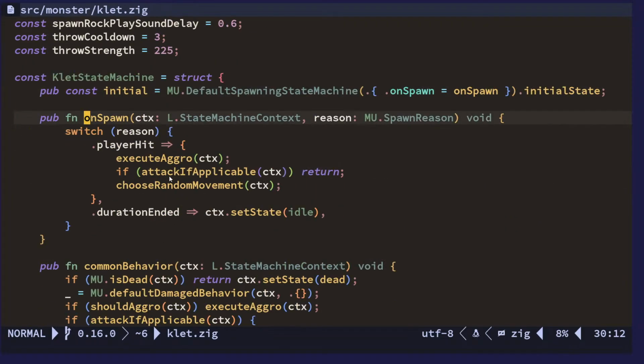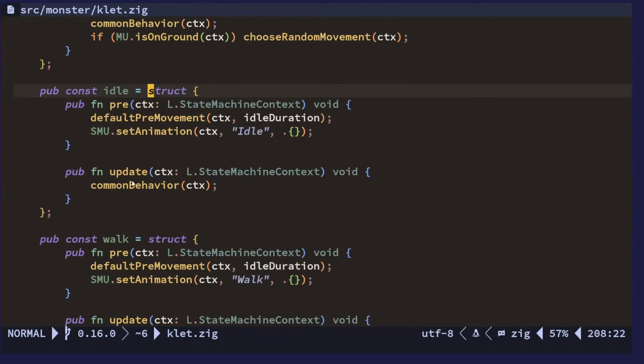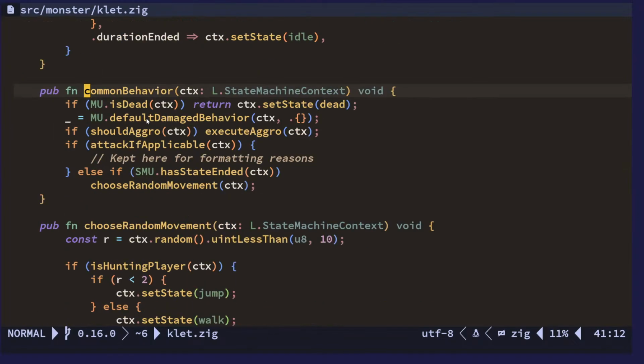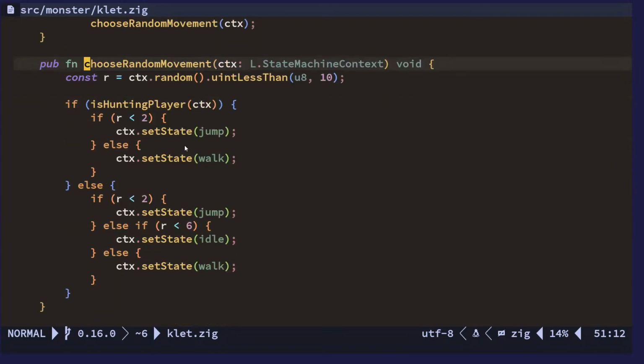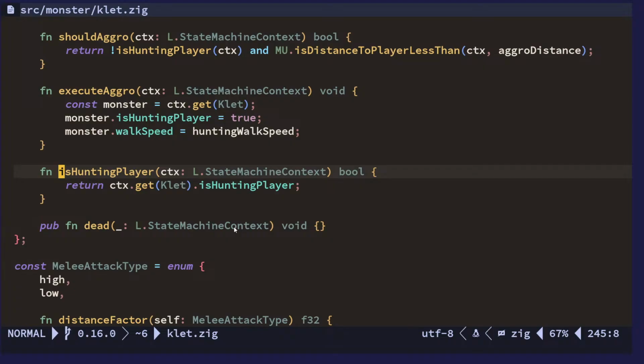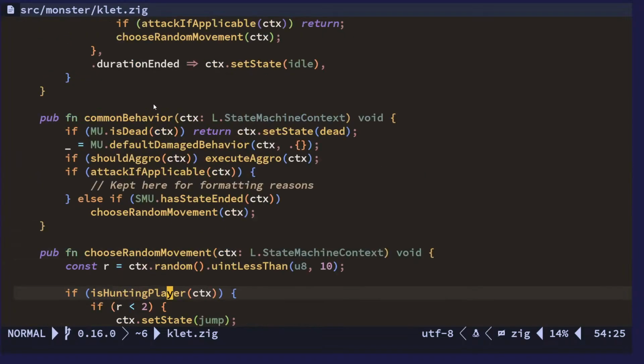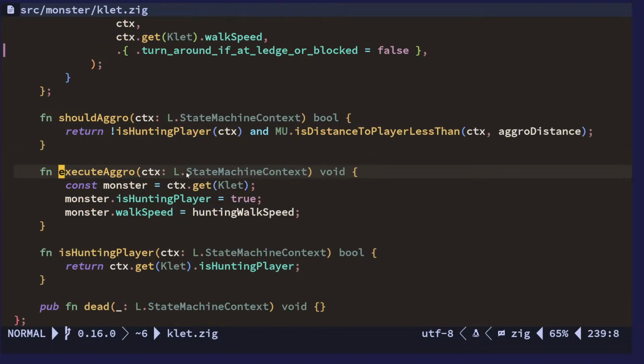On spawn is switching to idle, unless we're hitting. So, right.